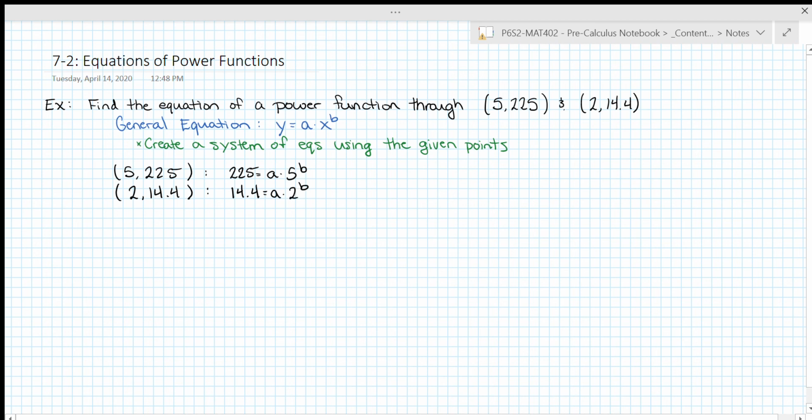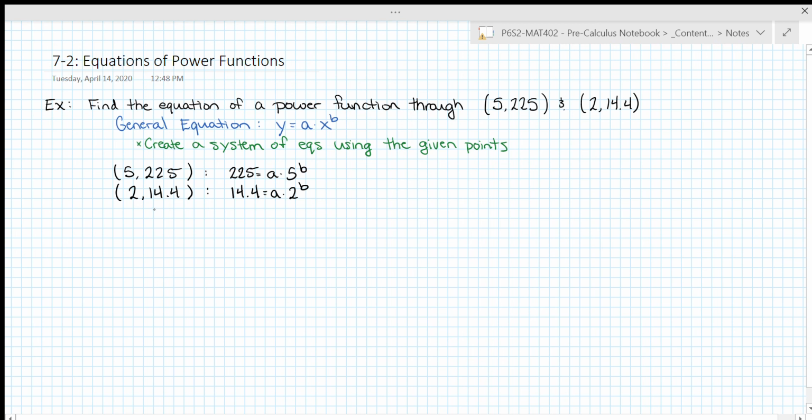So again, just like my system of equations for the exponentials, I have two equations with two unknowns, so I should be able to solve for both of those unknowns if I can figure out how to get rid of one of the two. And just like exponentials, my next step is the exact same.